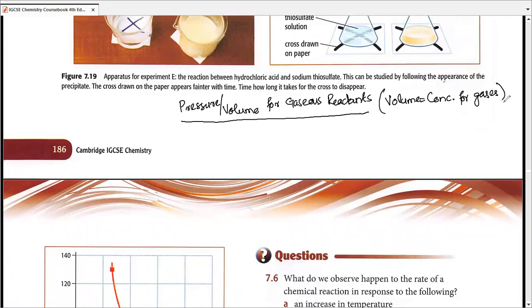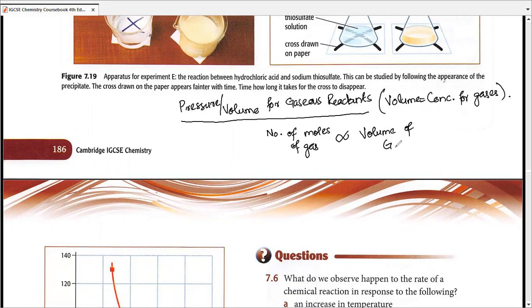And since volume is directly proportional to the number of moles of gas, the concentration is going to be directly proportional to the volume of gas.